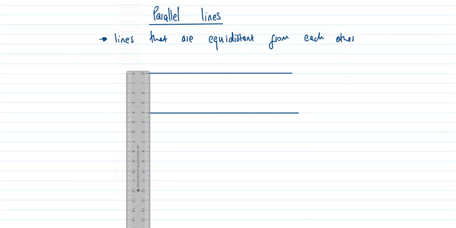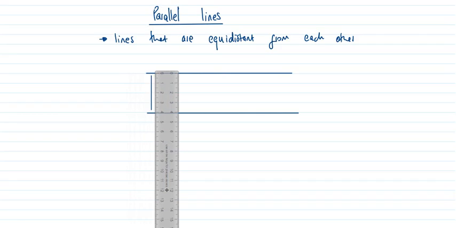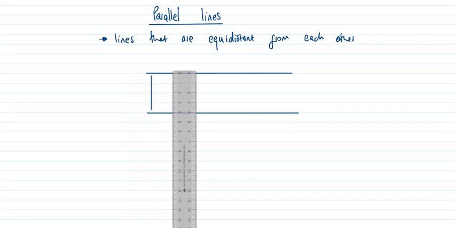If I measure the distance here, it's giving me something like 4.1 centimeters. And if I move this ruler to the right, the distance does not change. It is still 4.1 throughout.